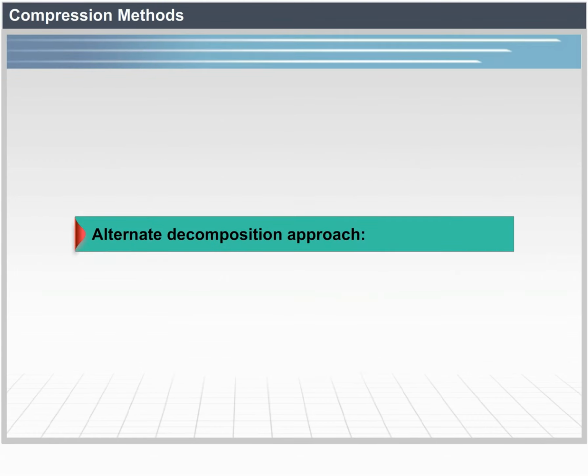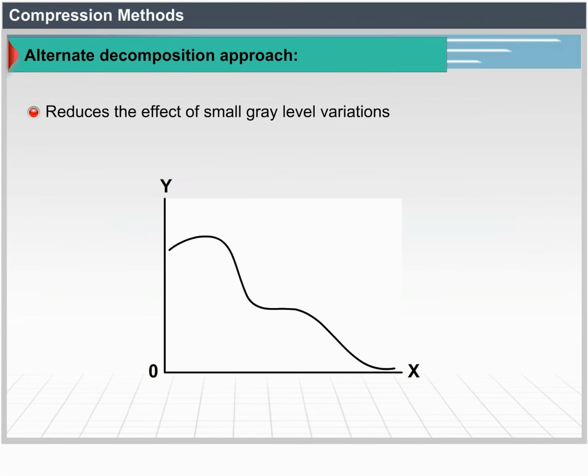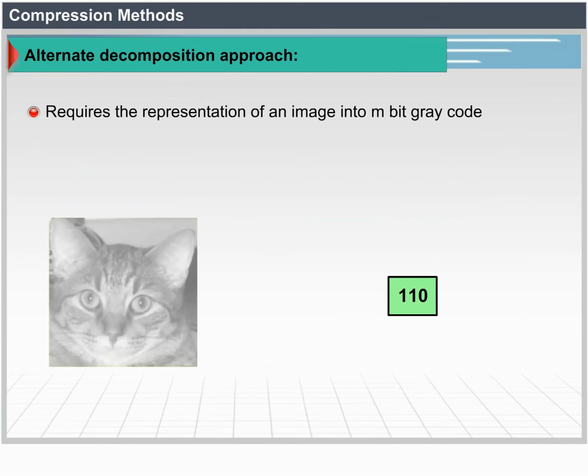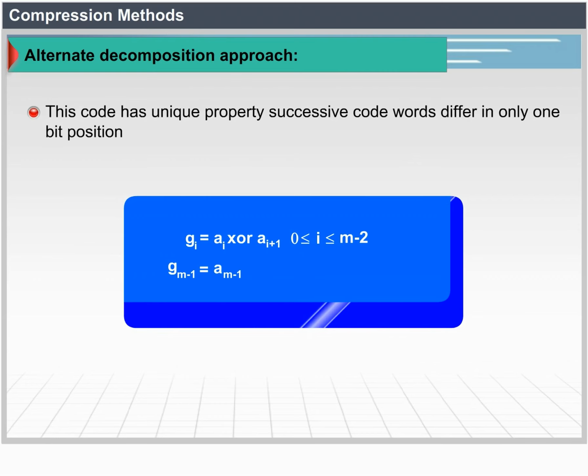An alternate decomposition approach reduces the effect of small gray level variations. It requires the representation of an image in m-bit gray code. The m-bit gray code g_{m-1} ... g_2 g_1 g_0 can be computed from the equation shown on the screen. This code has a unique property in that successive code words differ by only 1 bit position.